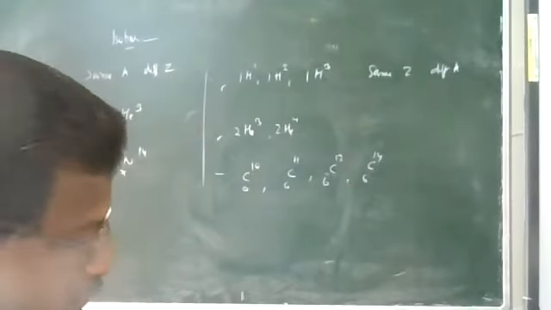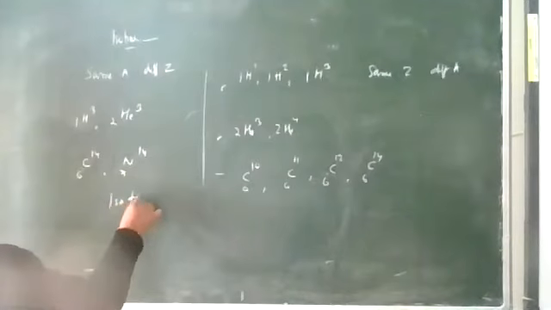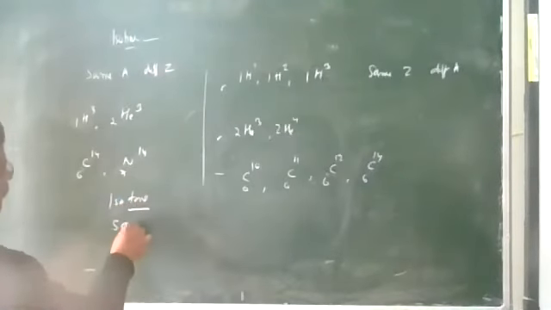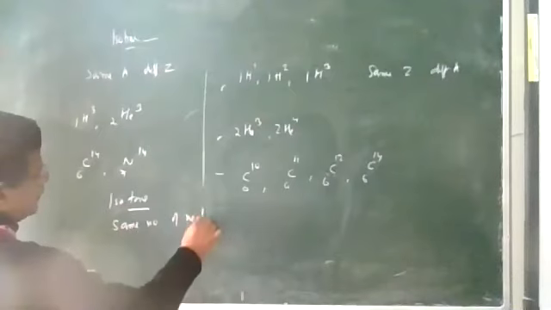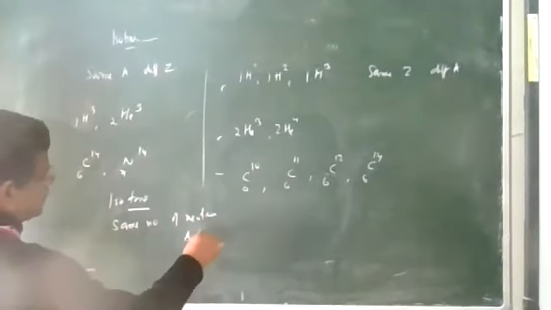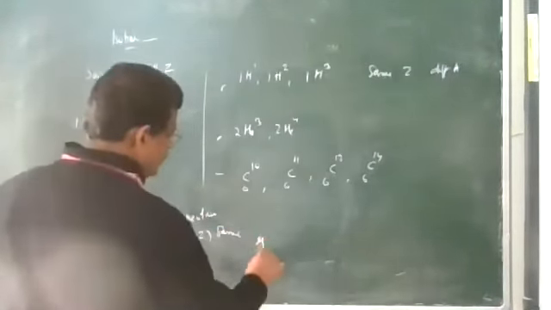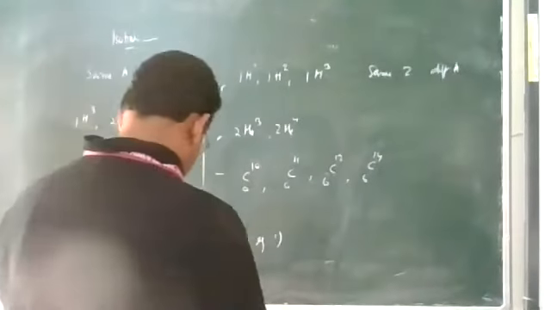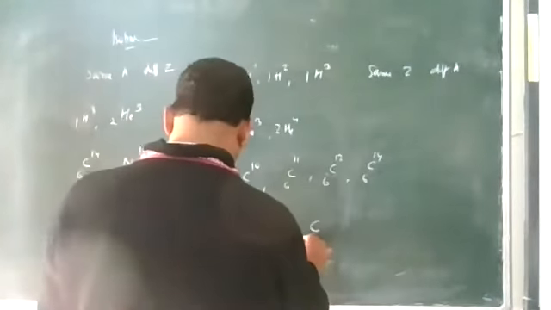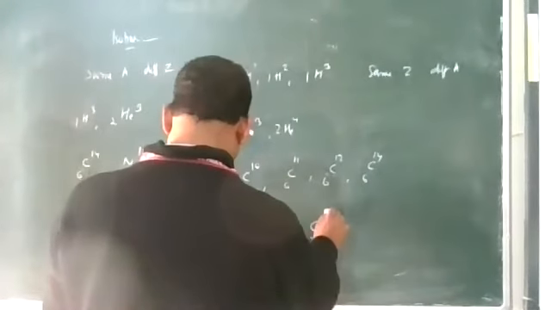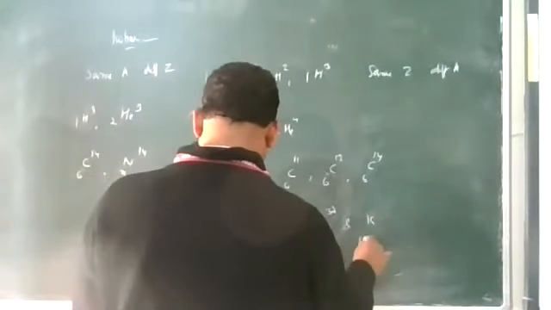Next example for you is isotones. Isotones means same number of neutrons, that is A minus Z will be the same. You can calculate the value of A minus Z. For example, first pair, you can write it as chlorine 17Cl37 and potassium 19K39.